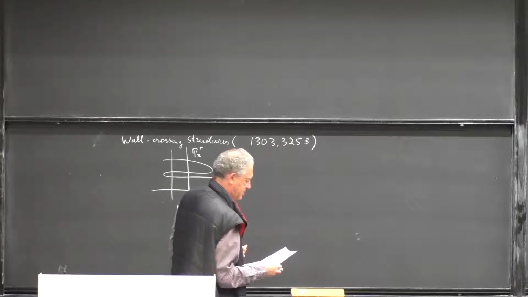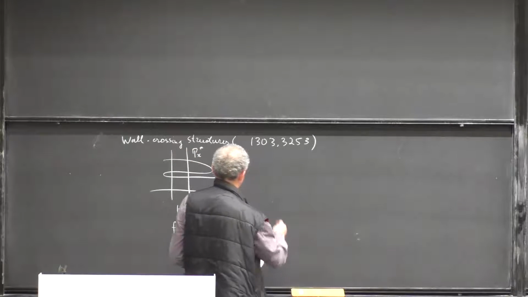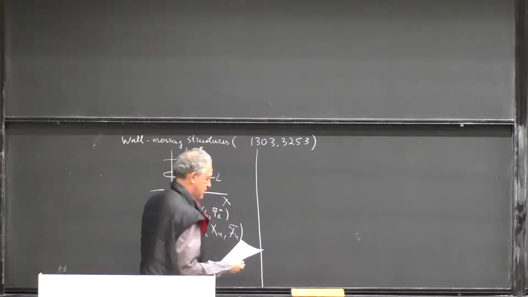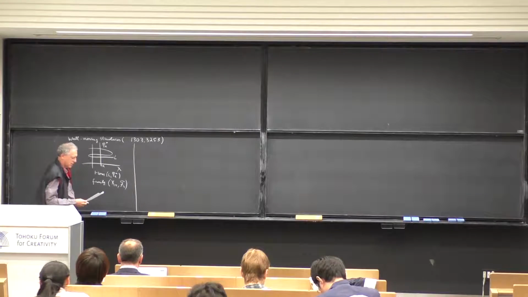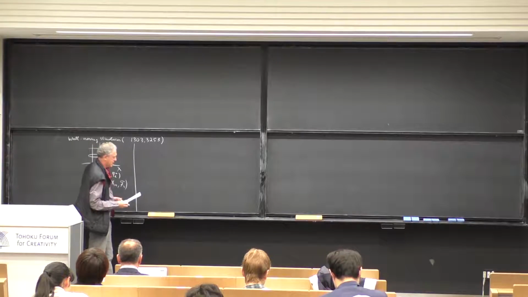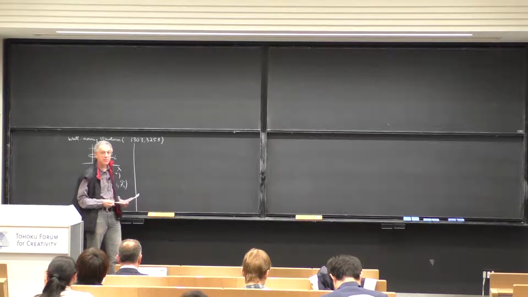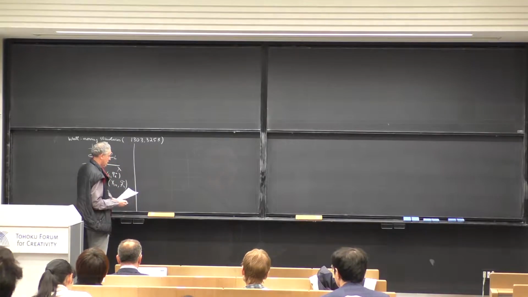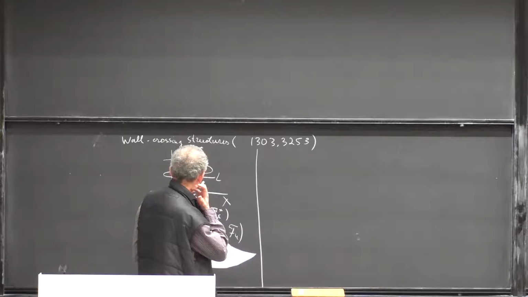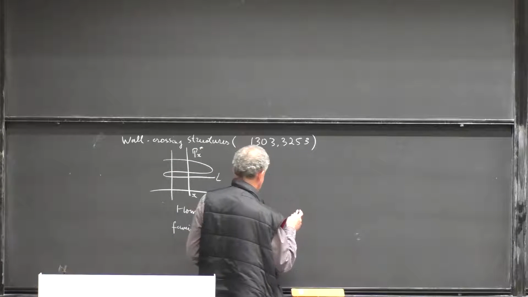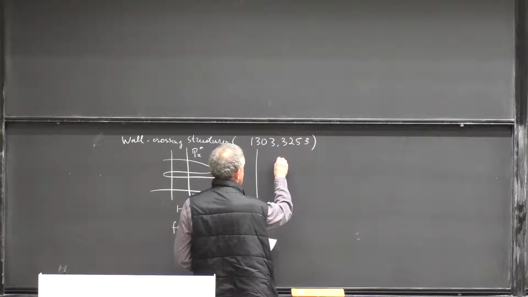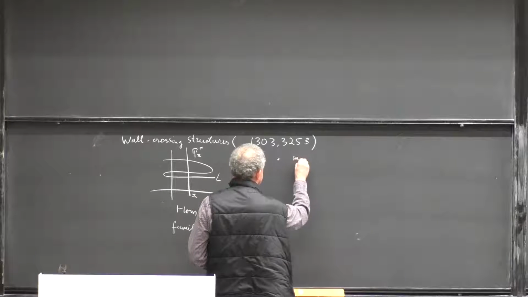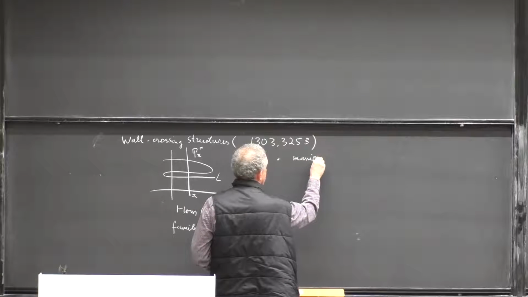Now, abstractly, there are a few data which are common in all examples. I just list the data which are needed for defining the wall crossing structure in general. So it will be, say, a manifold.